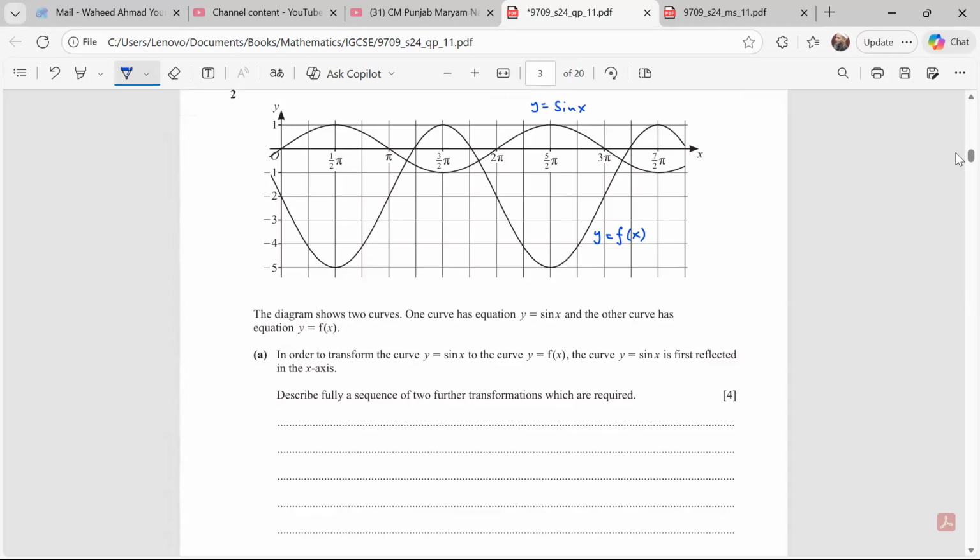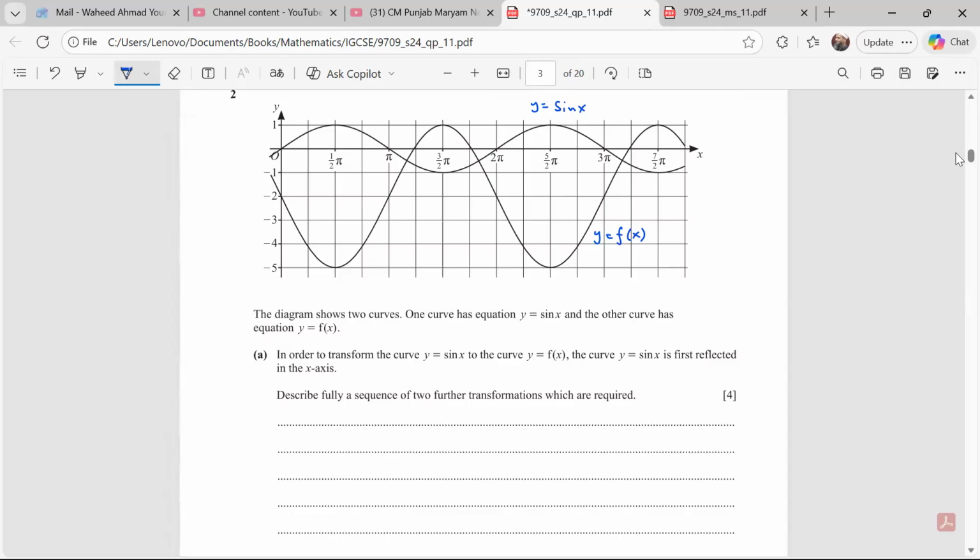So you see, one cycle of this curve is the same as one cycle of this curve. So in the x axis there's no shifting or no stretching or expanding. So the only thing that's happening is in the y direction.